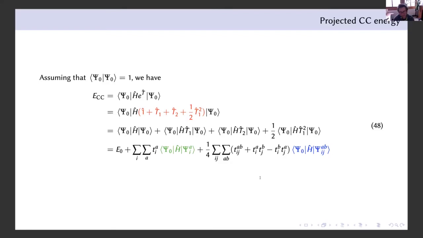So I can write down explicitly the expression of that energy. I don't want to bother you with this, but it does truncate fast, as I told you. It truncates at the doubles here.